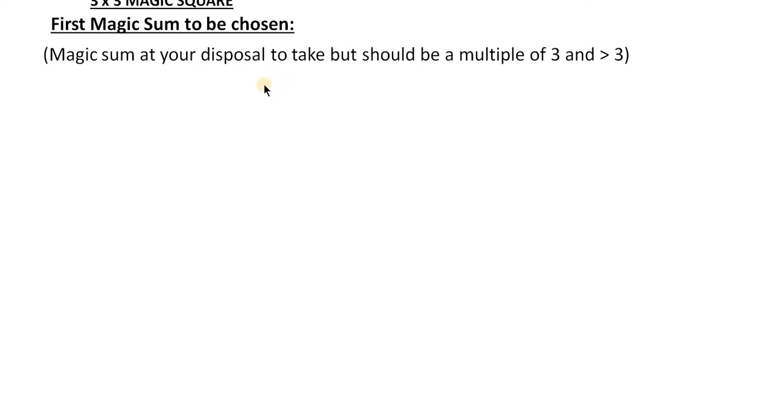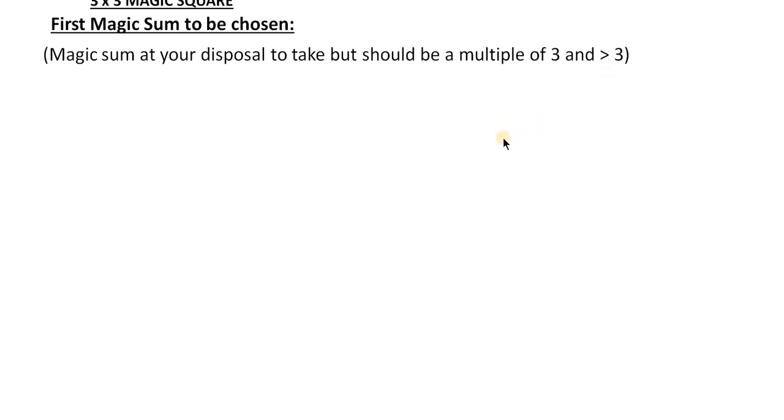You can also have 3, but in that case you will be taking negative numbers also. So take it above 30 or 20, sufficiently large, so that you would be comfortable in choosing other numbers.